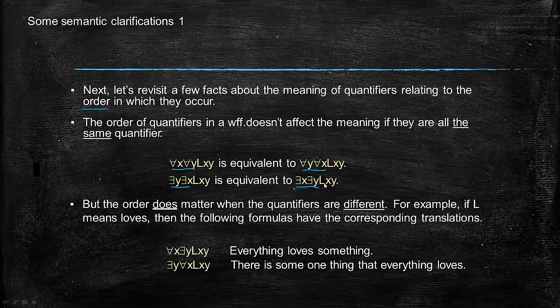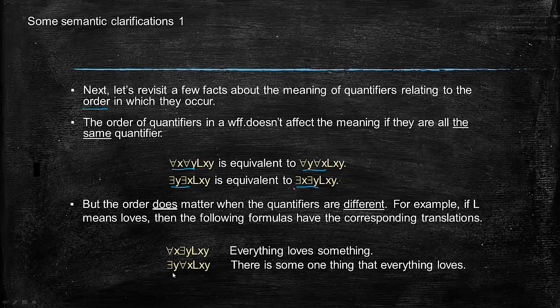However, when they are not the same quantifier, it almost always does make a very big difference. So there's a very big difference between for all X, there exists a Y, LXY, which says, if L means loves, that everything loves something, right? For all X, there is some Y, such that X loves Y. And there exists a Y such that for all X, LXY, which means there is some one thing that everything loves, right?